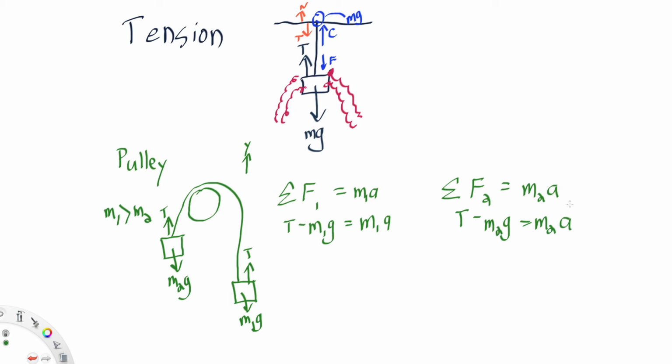You might notice that I have not put subscripts on the T or the A. So the T, we have the same rope. A rope can't have two different tensions. And if you have one piece of rope, it's going to be the same tension everywhere, unless you're pinching it or clamping it or something, and we're not doing any of that.